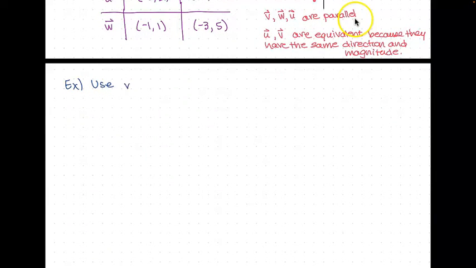Let's say we have vector v that has the components 3, 4. Find the magnitude of vector v. By the way, there is notation for magnitude. The notation looks like double absolute values. That indicates magnitude. So when it says find magnitude, that's like finding the length of the vector.